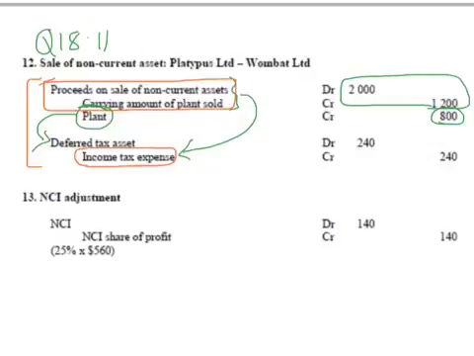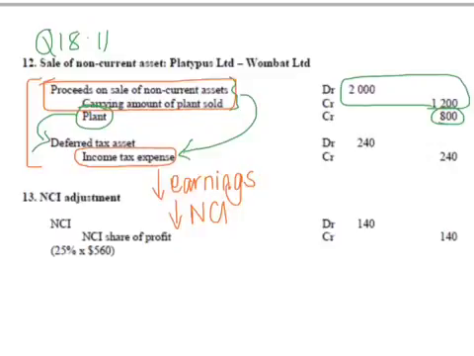The effect is that our earnings on a group level are reduced, and if there's a reduction in equity, it means that the NCI has to be reduced proportionally as well. Remember, the NCI moves in line with the changes in equity, so if equity decreases on a group level, the NCI should be adjusted accordingly.